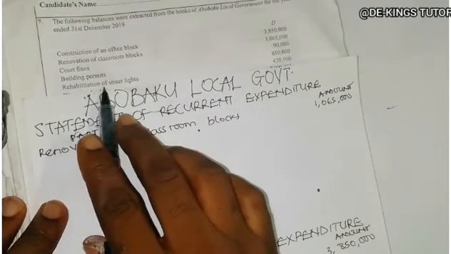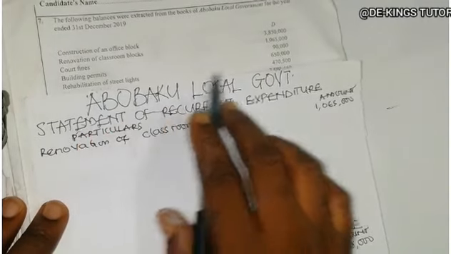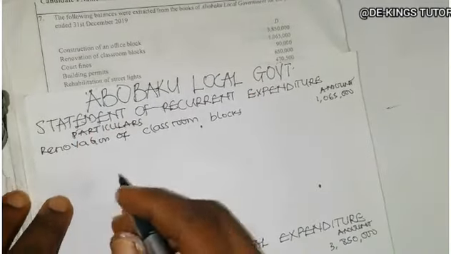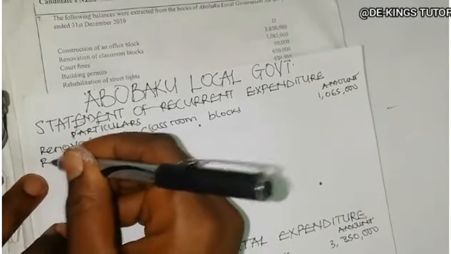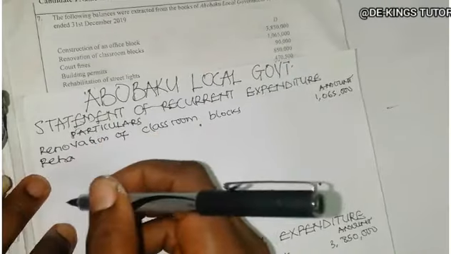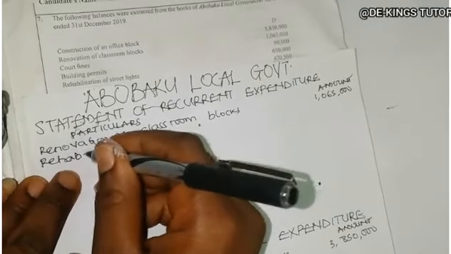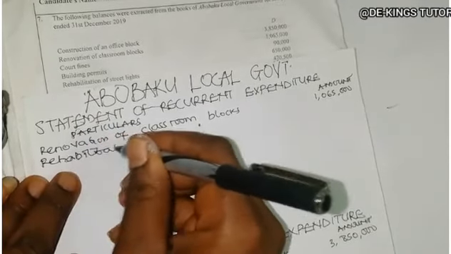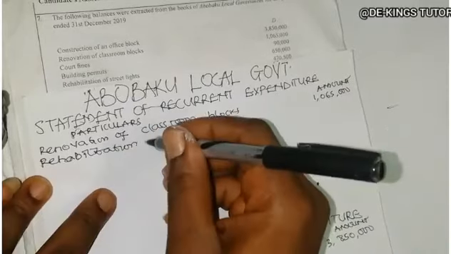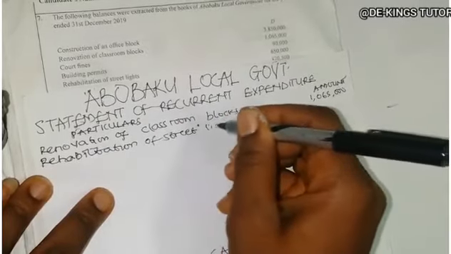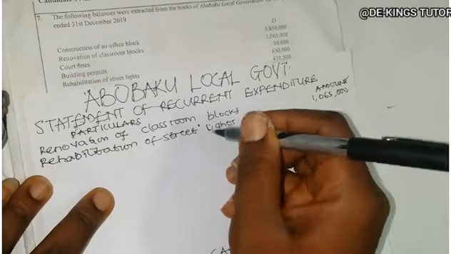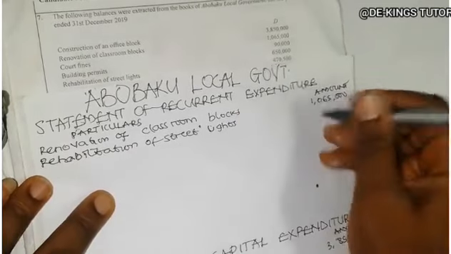The next one said rehabilitation of street lights. Rehabilitation of street lights, also known as maintenance, is to put it to work, so it can be done frequently after they've mounted the street light.